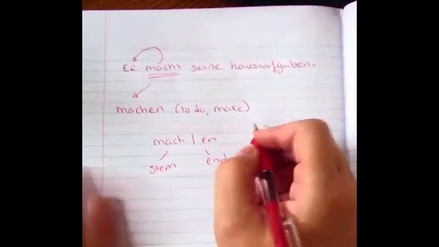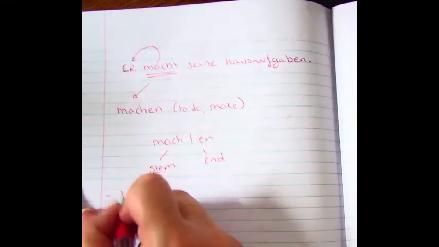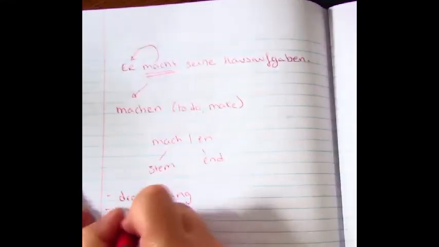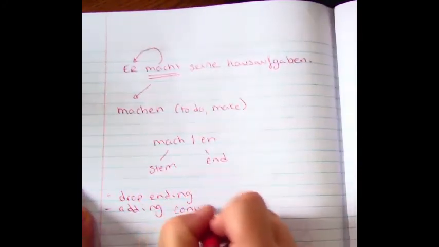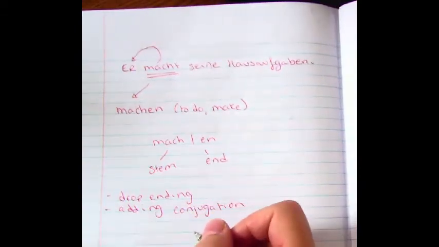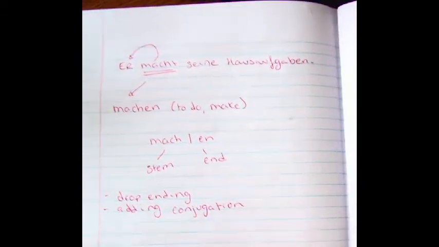So we are going to drop the ending, and then we're adding the conjugation, which is a new ending.